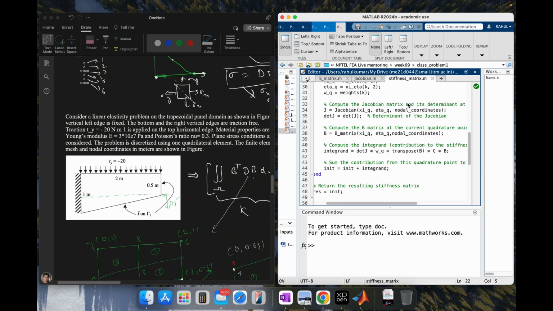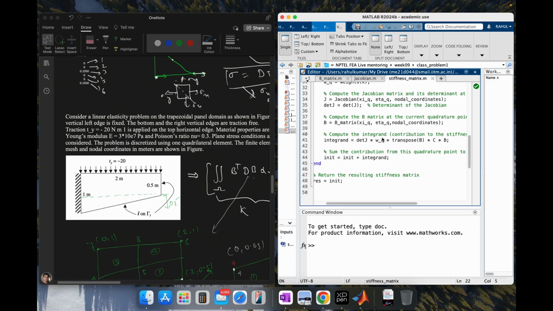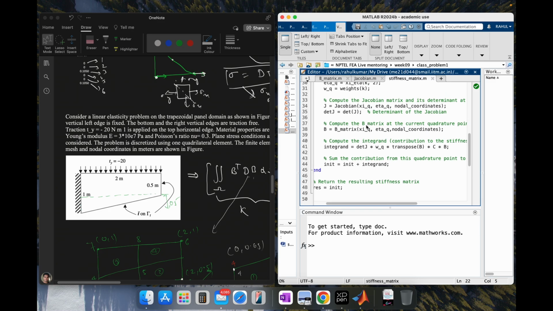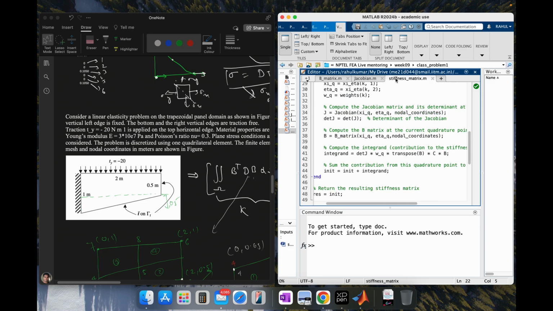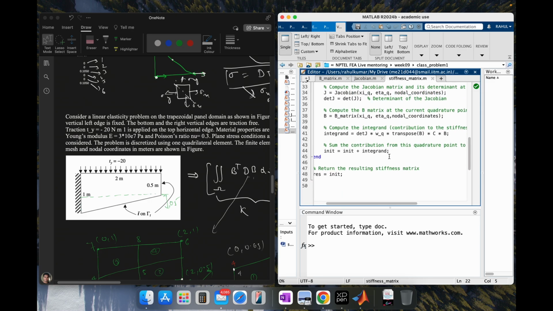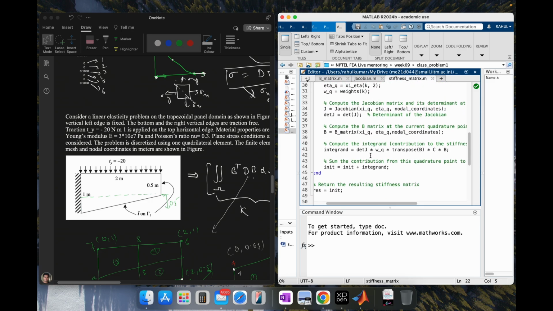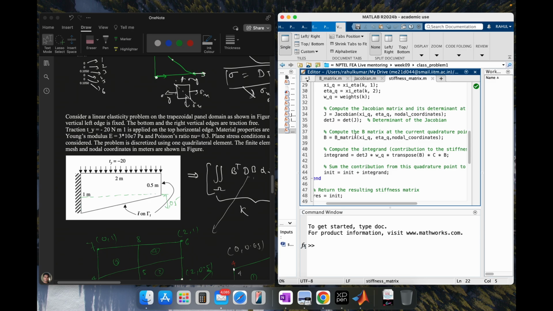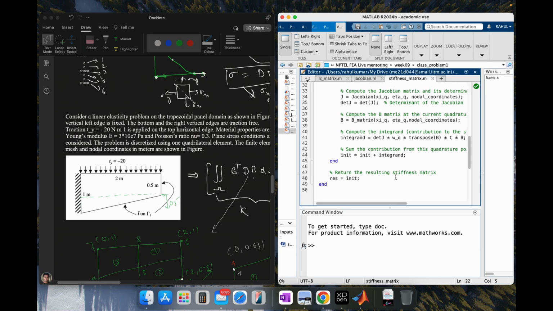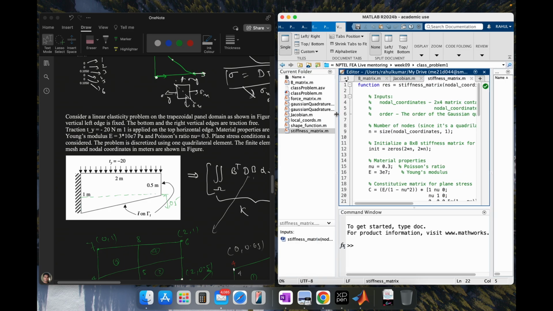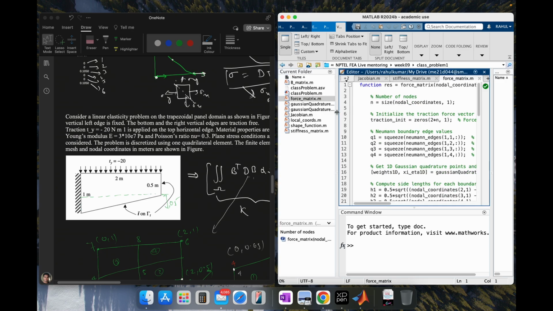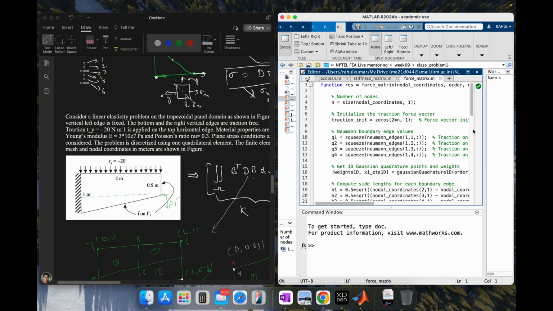The B matrix we will import, and we will give the nodal coordinates as xi and eta. Then we will multiply with the Jacobian, W, B transpose, C and B, and it will be added into the stiffness matrix.